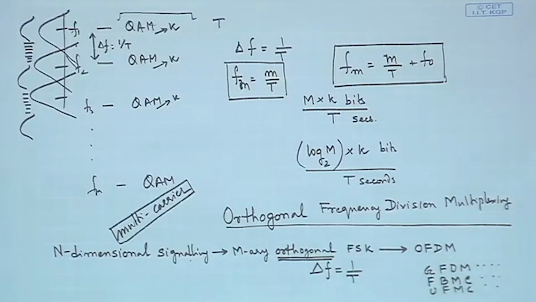So, all these are called multi-carrier techniques, and the way these multiple carriers are placed depends upon the particular technique. Whenever they are placed orthogonally, you have orthogonal frequency division multiplexing, otherwise you will have a different form of frequency division multiplexing, and they are known as different multi-carrier techniques.